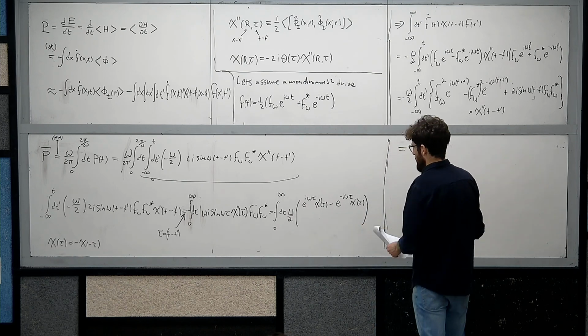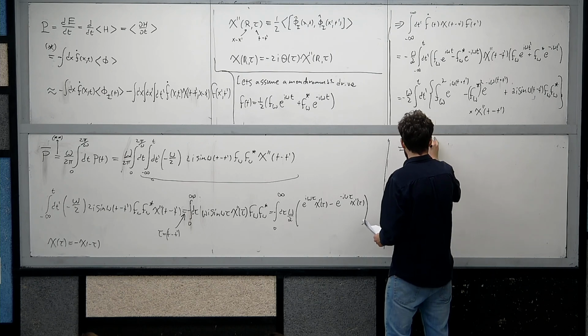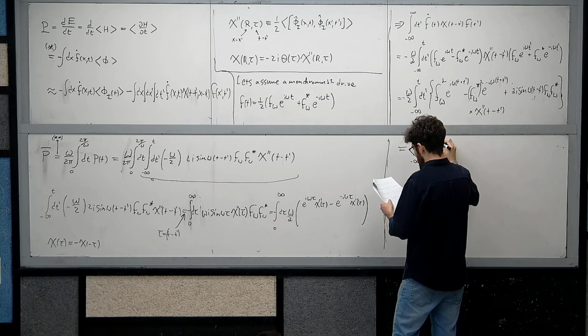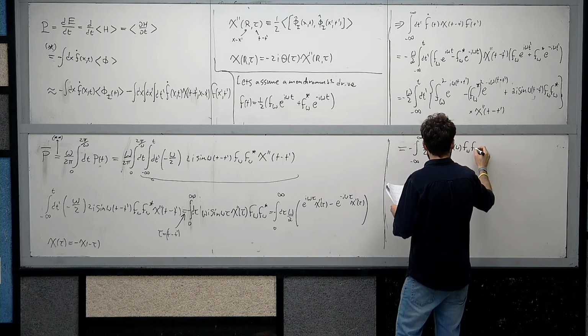It means that I can rewrite this thing as minus an integral from minus infinity to infinity omega over 2 e to the I omega tau chi double prime of omega f omega star.